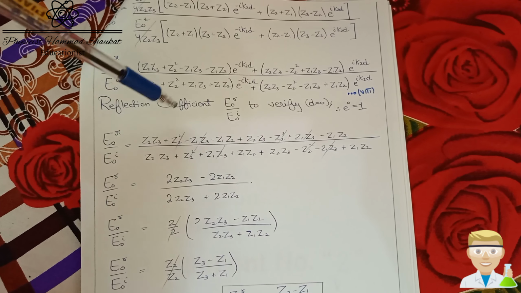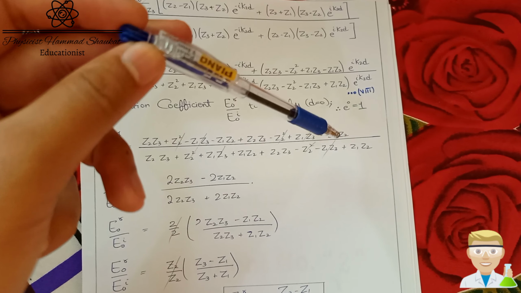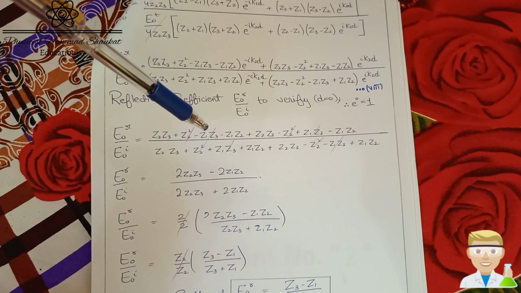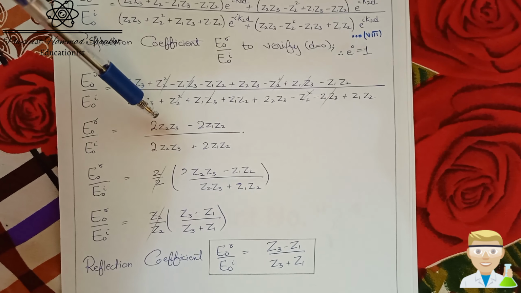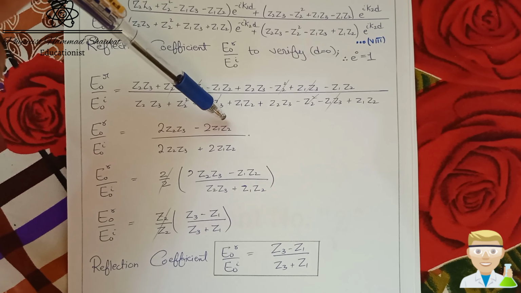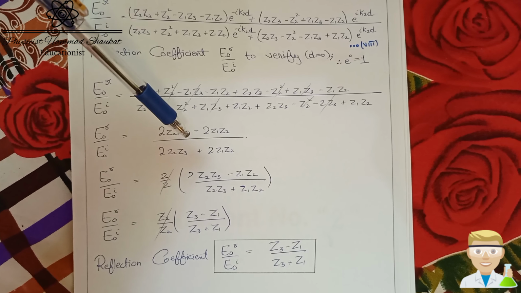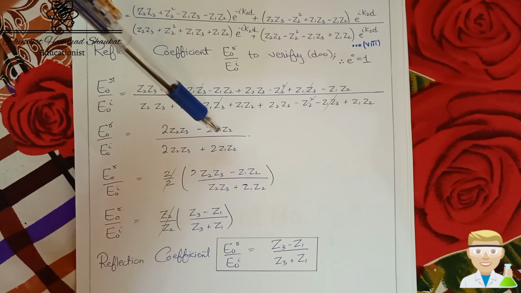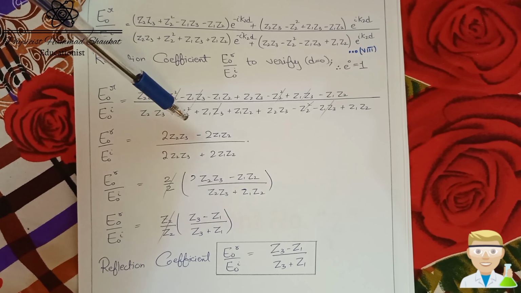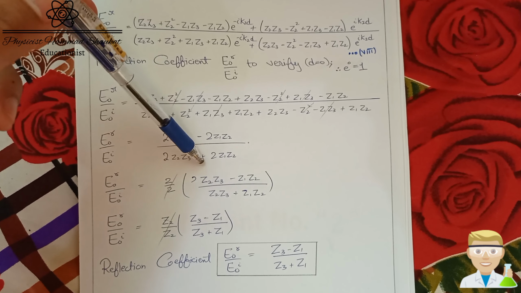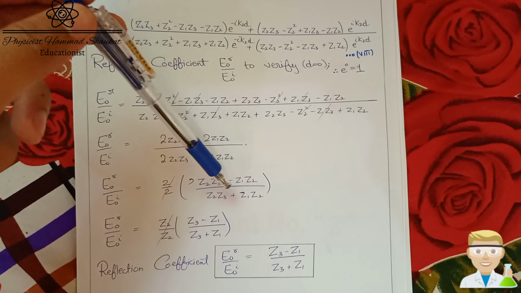Adding these equations, some terms cancel in the numerator and some in the denominator, and you are left with 2z2z3 minus 2z1z2 in the numerator and 2z2z3 plus 2z1z2 in the denominator. Taking 2 common, the 2s cancel.